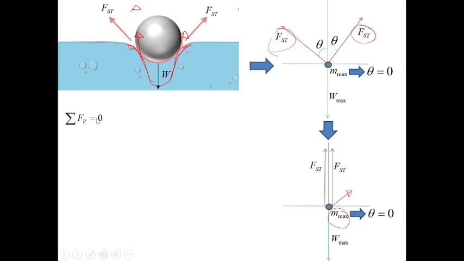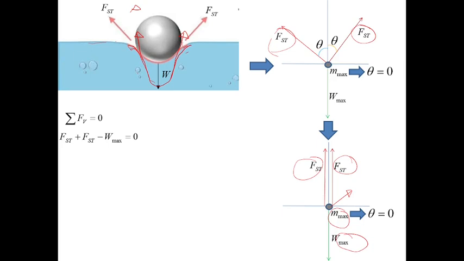we have summation forces vertical equals 0. No? Summation forces vertical equals 0. So, applying Newton's first law of motion, we can sum up forces along vertical equal to 0. No? So, sabihin niyan, FST plus FST minus W max, so, equals to 0.